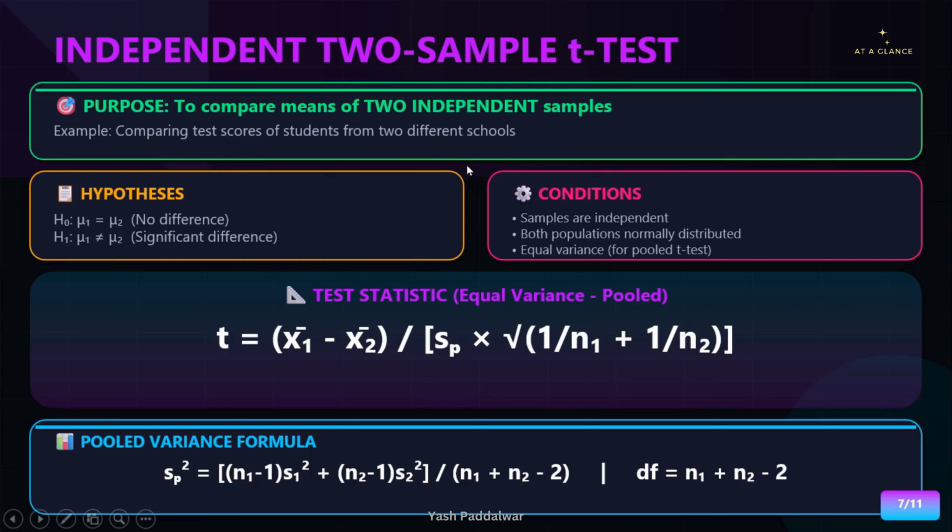Both of them are samples, but they are different, right? So if there is a scenario of comparing the mean of two samples, then in that case we can use the independent two sample t-test. Null hypothesis is that both the sample means are the same. Alternative hypothesis is that there is a significant difference, they both are not the same. Conditions are that samples are independent, both populations are normally distributed, and equal variance for pooled t-test.